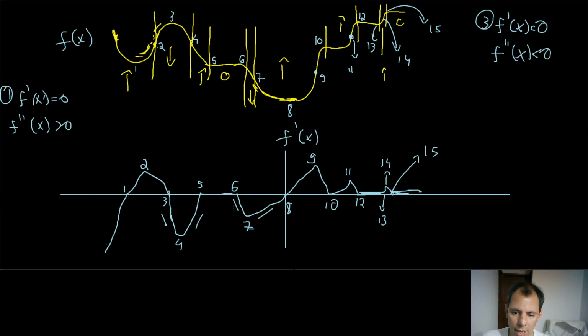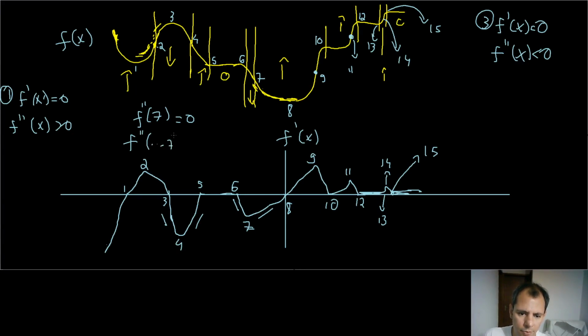Okay, so to the left of 7, what I'm trying to say is that at point 7 here, f of 7, the second derivative equals 0. If it's to the left of f of 7, which is in this part, the tangent is going to be negative. So how am I going to do this? I'm going to do something like this.